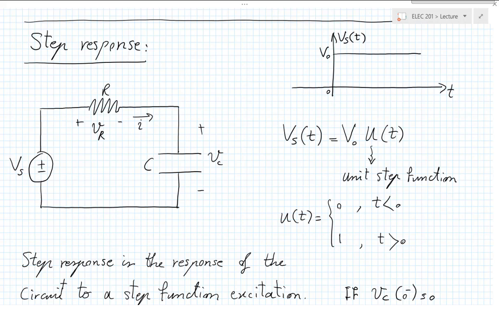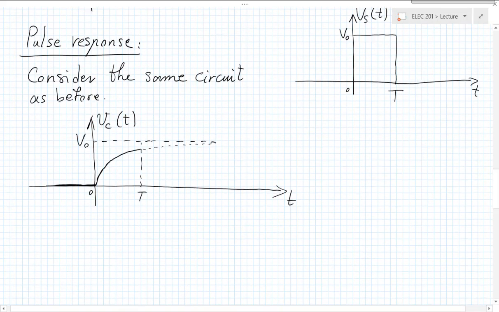Then you set Vs to 0. This capacitor has 4.5 volts, which corresponds to some charge, and all it does is start discharging into this resistor. And that discharge is going to be described by an exponential decay.